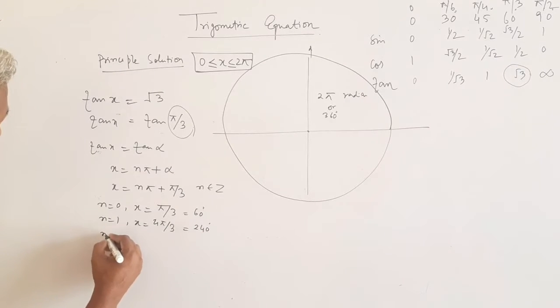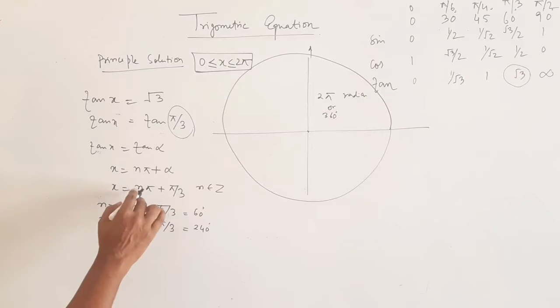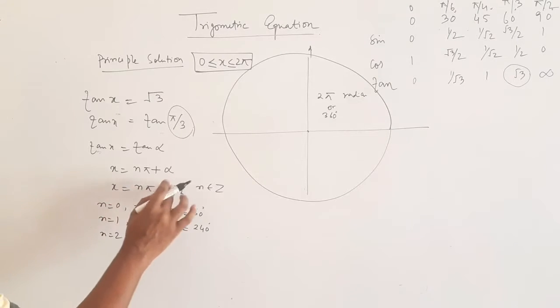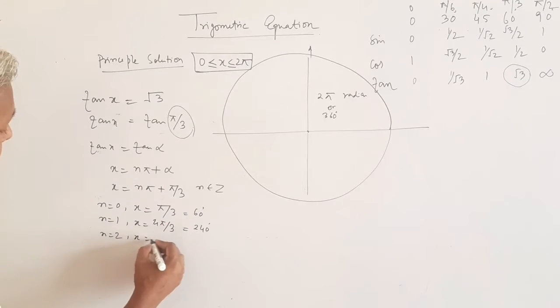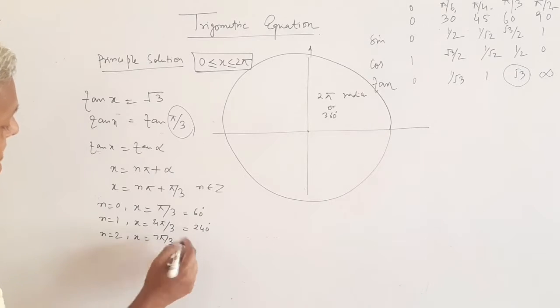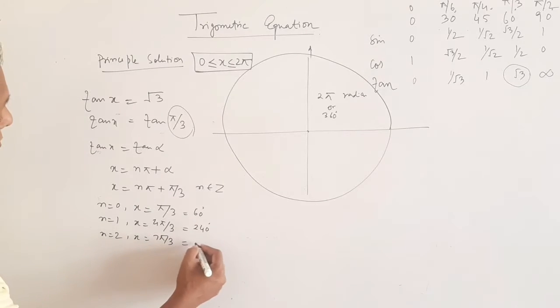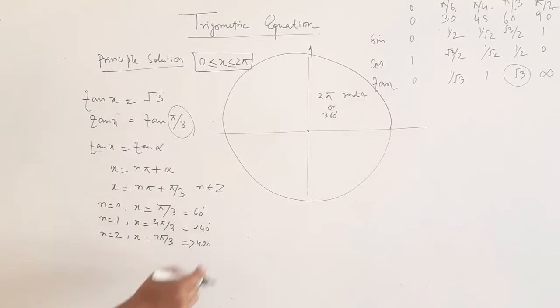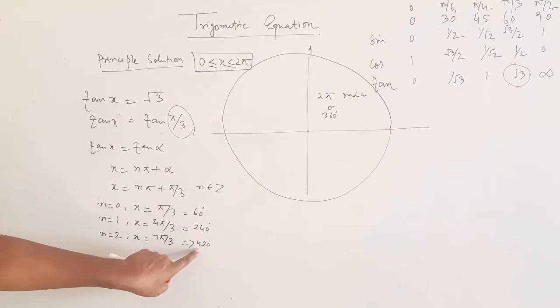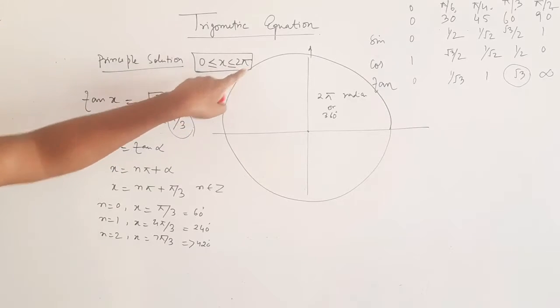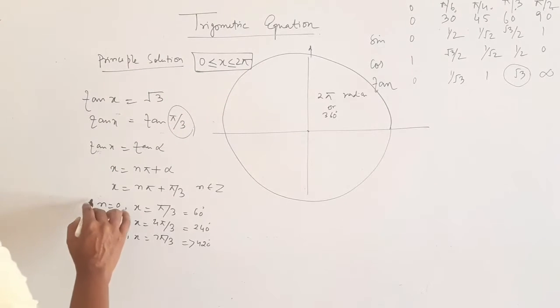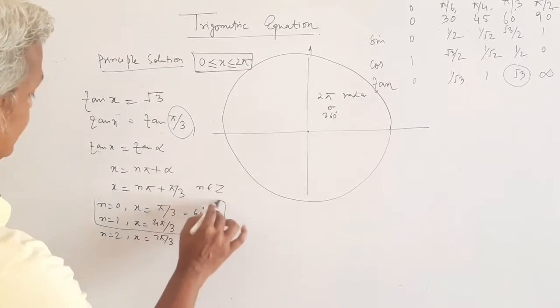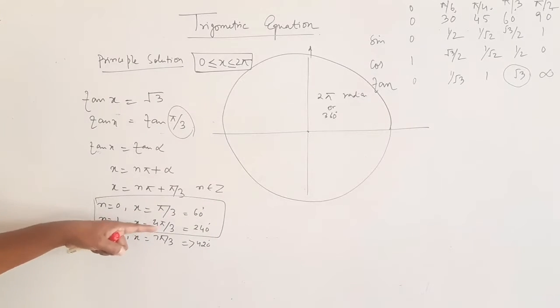If n equal to 2, we get 2 pi plus pi by 3, that is 7 pi by 3, which is 420 degrees. This angle is more than 360, that is 2 pi, so our principal solutions are only these two: x is pi by 3 and 4 pi by 3.